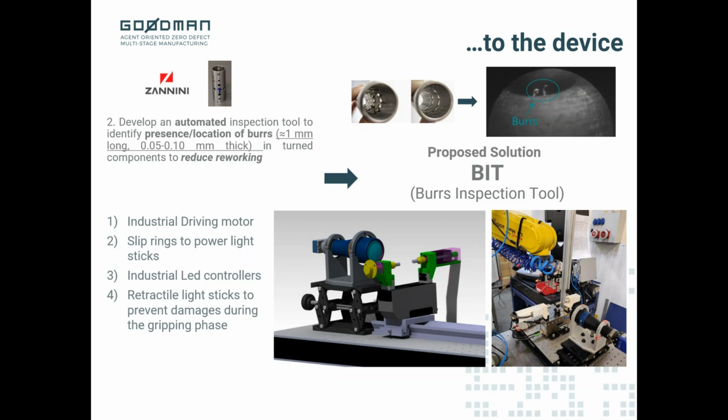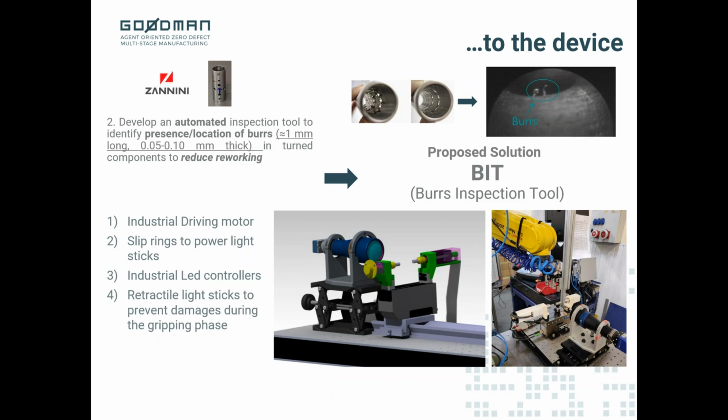That's why we moved from, let's say, a laboratory prototype to a more industrial grade device, which is based on an industrial driving motor, which uses slip rings to power light sticks, which uses industrial LED controllers.